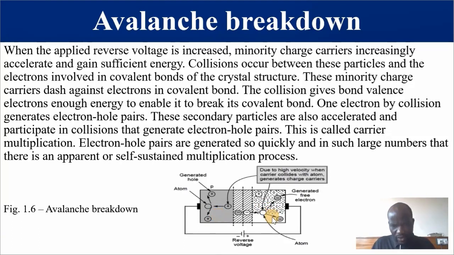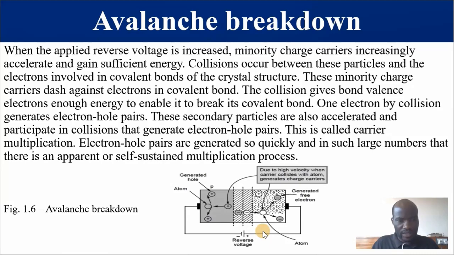In this direction, we are seeing an electron moving because it is being repelled by the negative terminal of the applied voltage. And due to the acceleration and to the increase in the reverse voltage, it is going to collide against this atom. And as we can see, we have generated these two electrons, and we know electrons and holes are created simultaneously. So this illustrates avalanche breakdown.